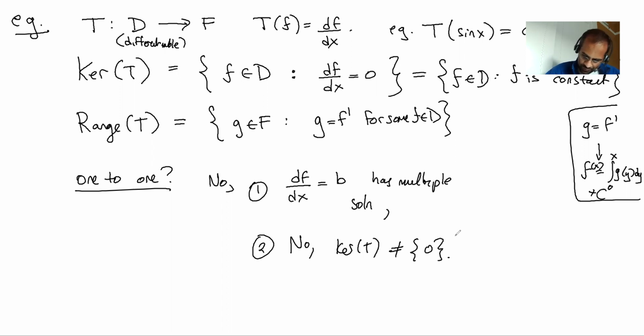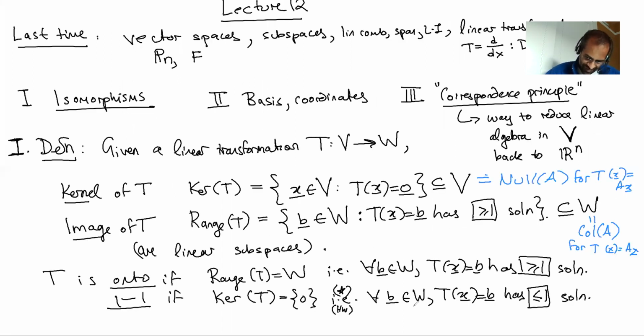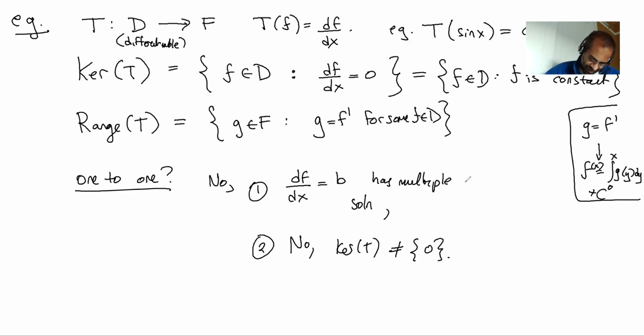Yeah. So this comes down to the fact that here I said that the kernel of T is empty if and only if Tx equals B has at most one solution for every B. And so here what I'm saying is that T of X equals B has multiple solutions.